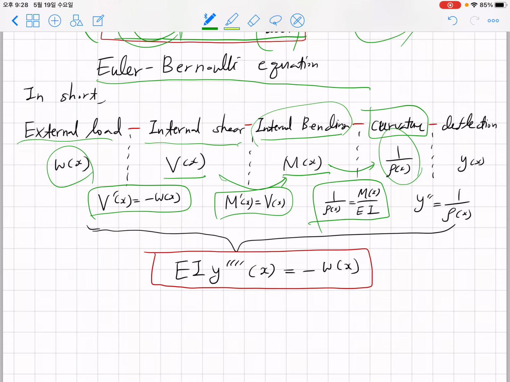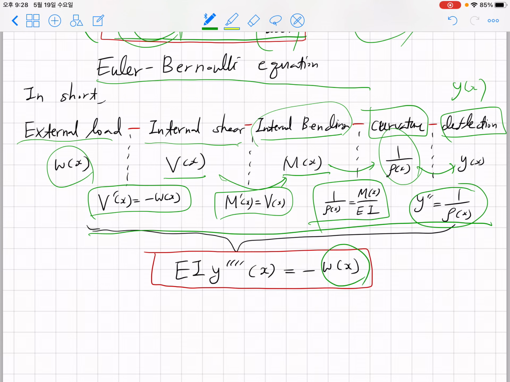And then this curvature can be connected to the deflection or elastic curve through our definition from freshman calculus and the linear approximation that we are going to adopt in Euler-Bernoulli beam theory. After combining all those relations, we can connect the external distributed loading to the fourth order derivative of this elastic curve. We call this Euler-Bernoulli beam theory.